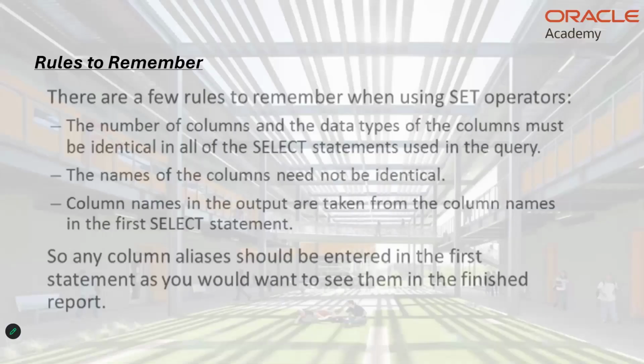So there are a few rules with set operators. This is important, because if you don't follow the rules in SQL, you just get a lot of errors. The number of columns in the tables has to match. That includes data types. The names don't have to be identical, but the data in the table has to match.